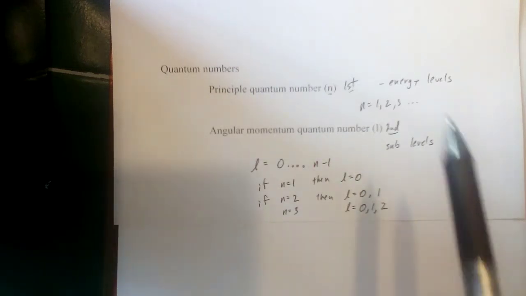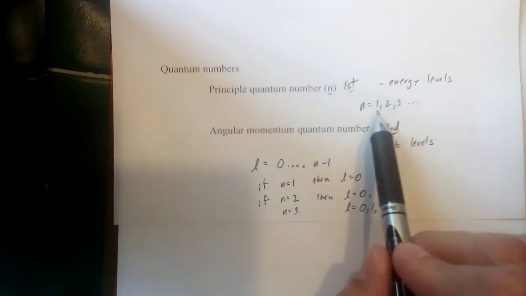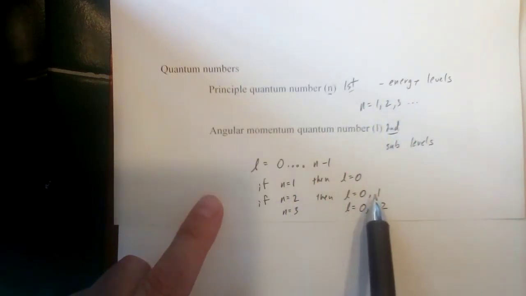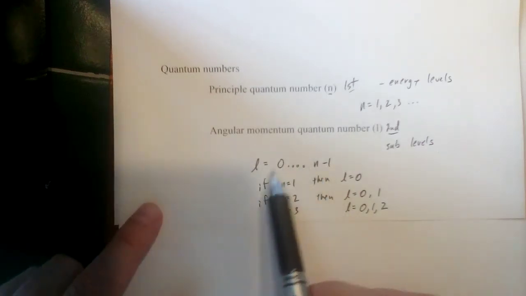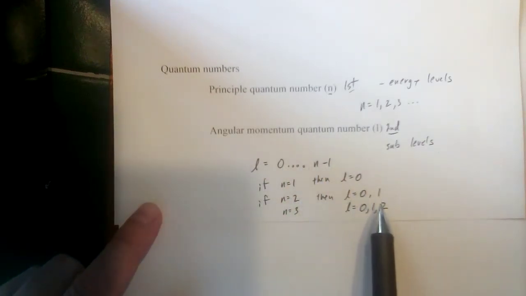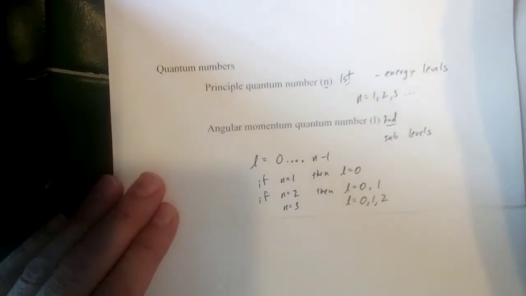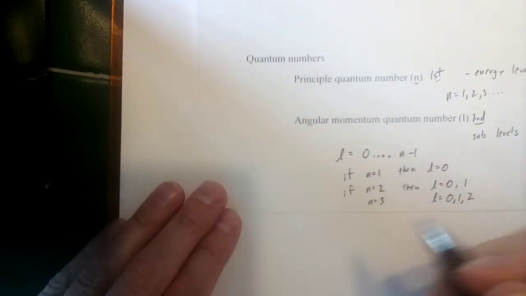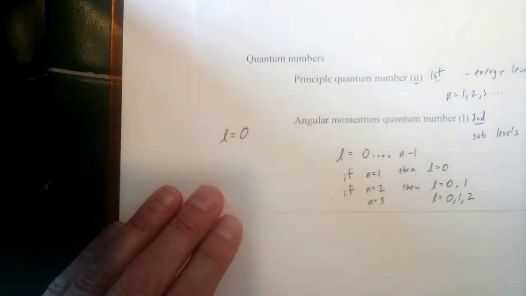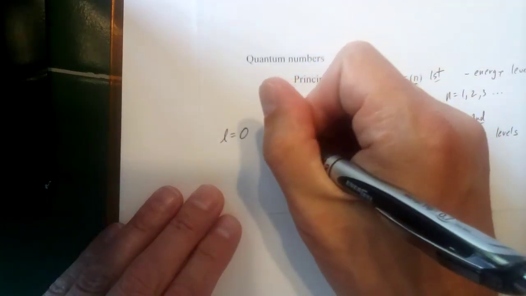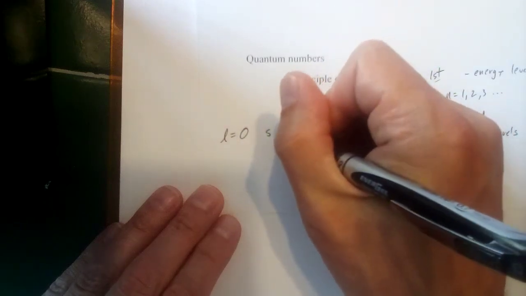Now, the first quantum number was numerical, and the second one was numerical. Well, the numbers can get a little confusing, so there's actually a way to account for values of L that uses letters instead. Let me put that over here on the side. L equals 0 we call an s sublevel.